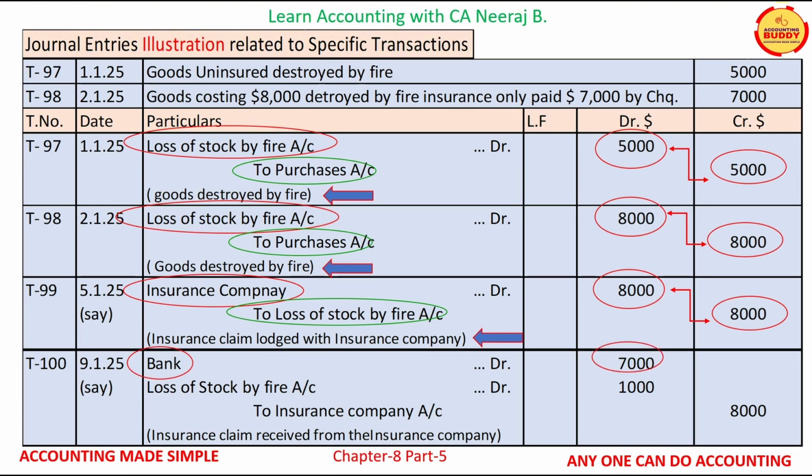Bank account is debited by $7,000 for the amount of claim received. Loss of stock by fire account is debited by $1,000 being the claim less received. Insurance company account will be credited by $8,000 being the full amount of claim lodged. Proper narration for the entry is also mentioned.